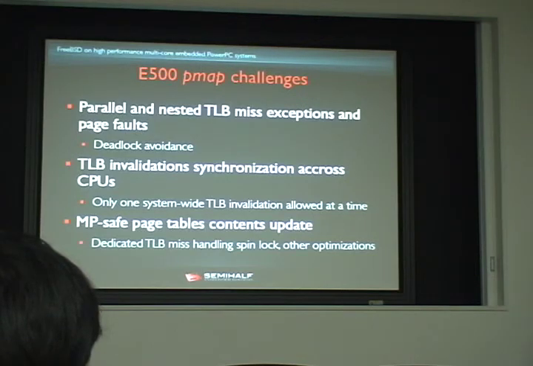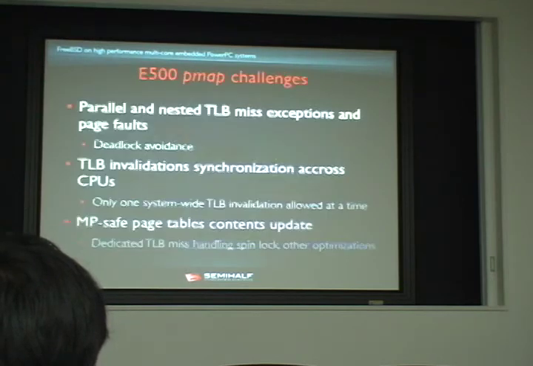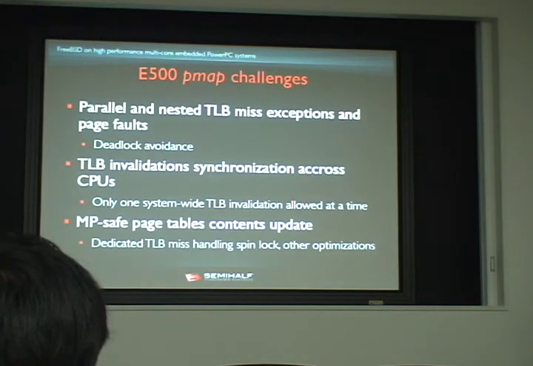It needs to be remembered that the software page table that Pmap understands and deals with is just one instance of the page table of the system, of the kernel, and each process has a separate page table. And we've got two separate physical MMU units, and they would miss on different addresses, different locations, and this needed to be synchronized.